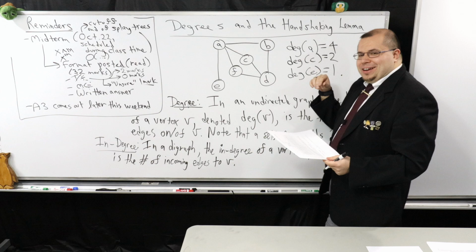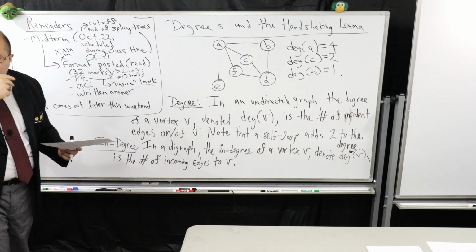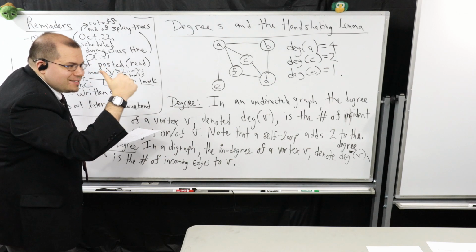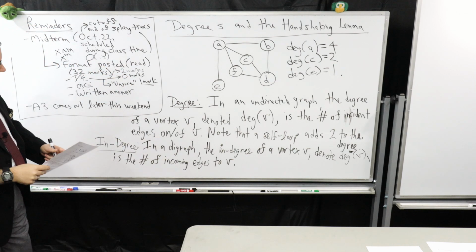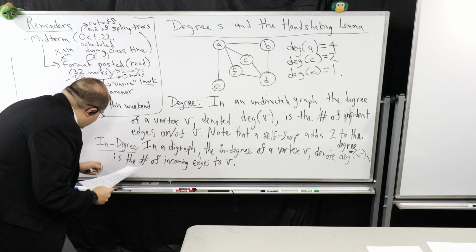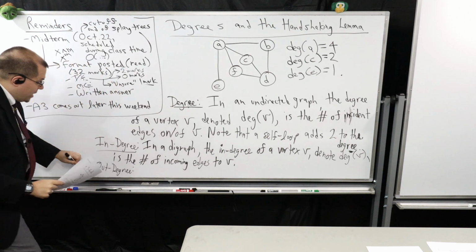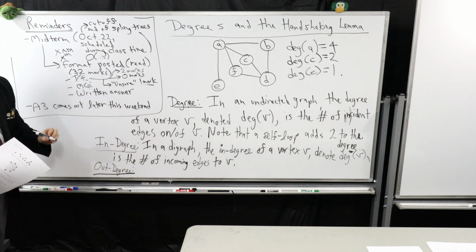So if I give you a directed graph, with a whole bunch of directed edges pointing towards a vertex, each one of those arrows pointing at the vertex adds 1 to the in degree. You can also analogously define the out degree. We're going to focus primarily on just degree, but I feel like I need to mention these.